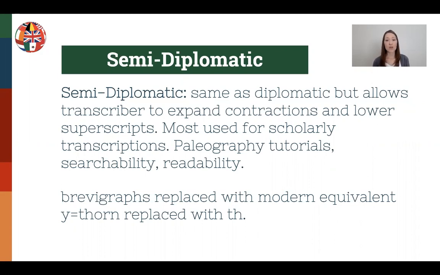And this one is used the most for scholarly transcriptions. You'll see this used with the Paleography tutorials. It's a lot more searchable, and also for readability for clients, etc. So brevigraphs then in this will be replaced with the modern equivalent. So example, Y would be transcribed as TH.